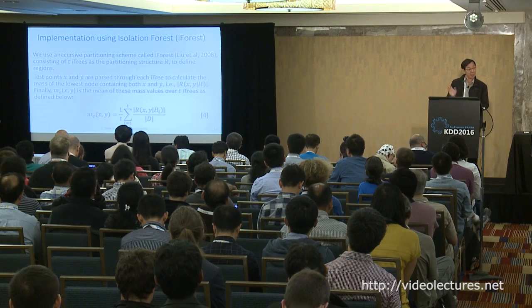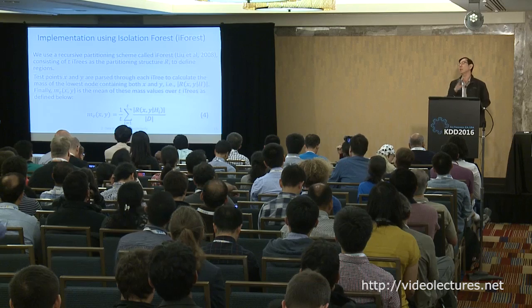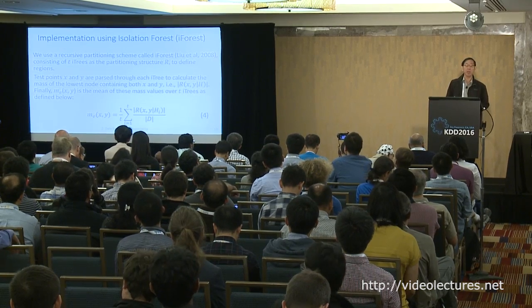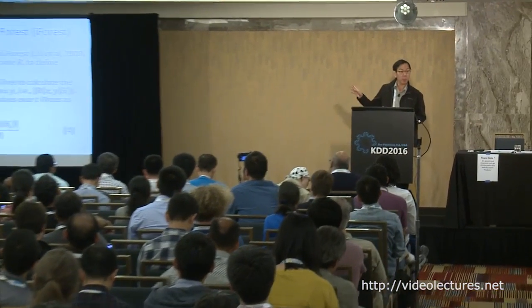And in this particular case, I should say that the generic definition can be implemented in different ways, including the one we reported in 2014. But in this particular paper, we're going to use iForest, the one we introduced in 2008. As the name suggests, it is a tree structure. In a tree structure, it divides the space into non-overlapping and non-empty regions.